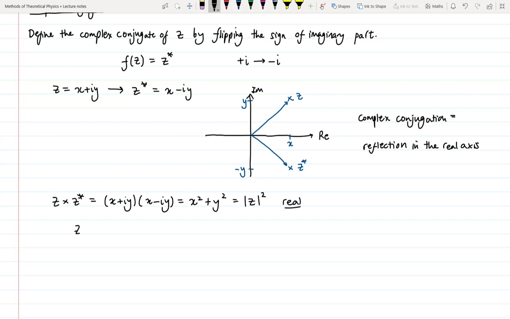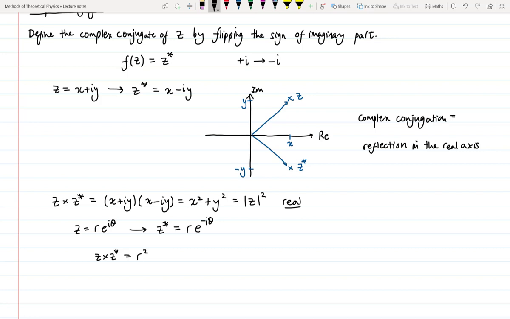So we can write z equals r e to the i theta. If we take the complex conjugate, the length of the vector r doesn't change, but its angle with respect to the real axis changes sign. If we then take z times z star, we end up with r squared, and then theta minus theta gives us 0. So we just end up with r squared, as we did for expressing the complex numbers in terms of x and y.